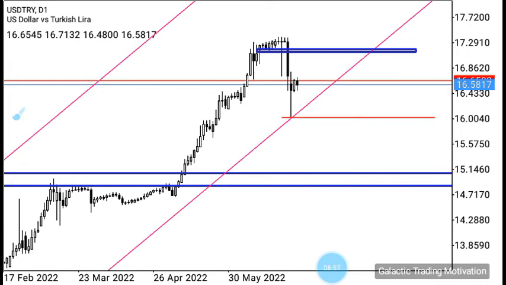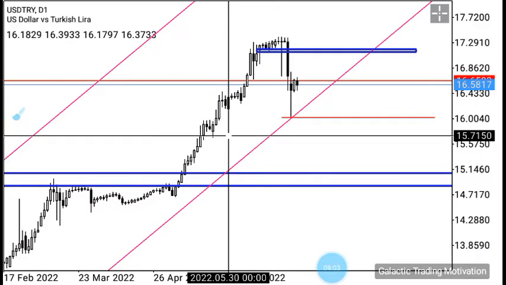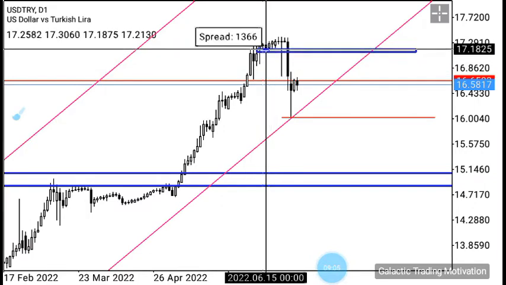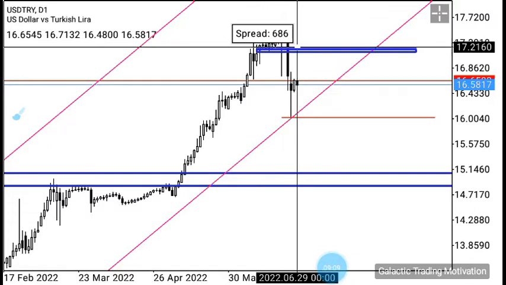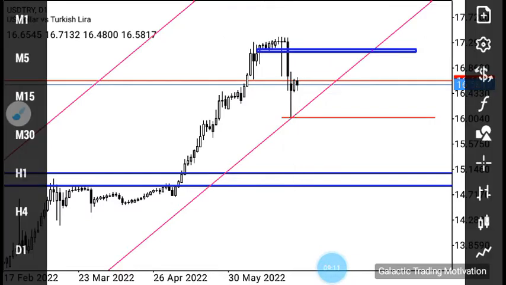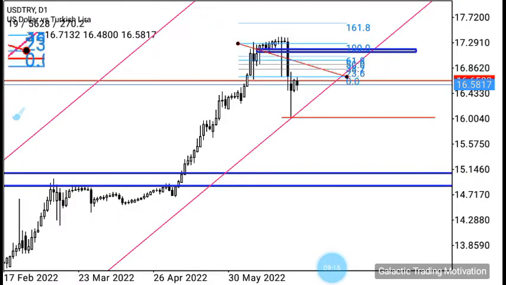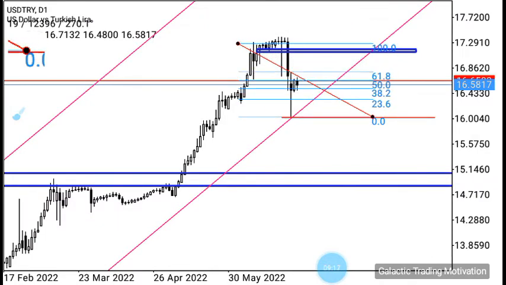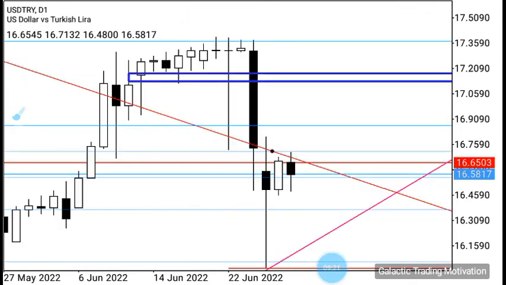So before we proceed, I'm just going to use the Fibonacci retracement tool just to see if the neckline of this M structure aligns with any of the key numbers on the tool. Let's see. Fibonacci. There we go. Let me just make this slightly bigger so you guys can see clearly.